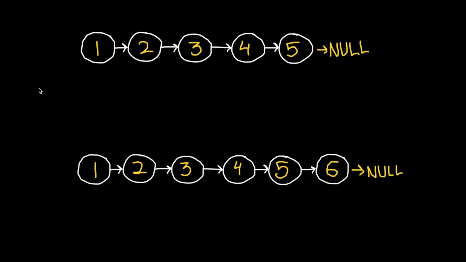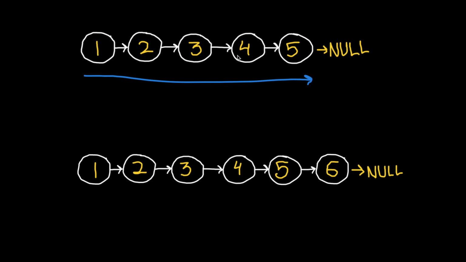To solve this problem, one straightforward way would be to just count the number of nodes in the linked list and then finally divide that count by 2, which will be the half of the total number of nodes. And then in the second pass, you iterate till that node and you will find the middle node. So what I'm trying to say is, in the first pass, you keep a pointer and keep on counting till you reach the end.